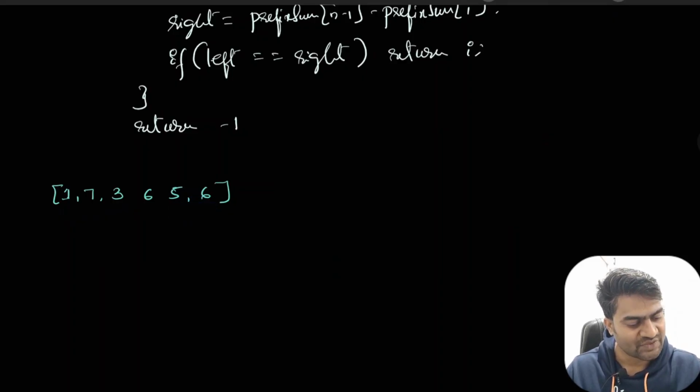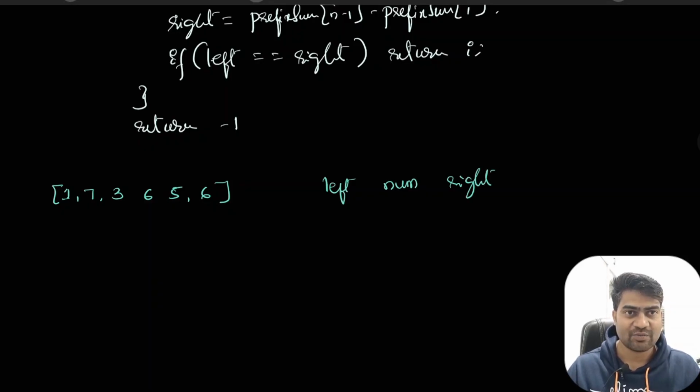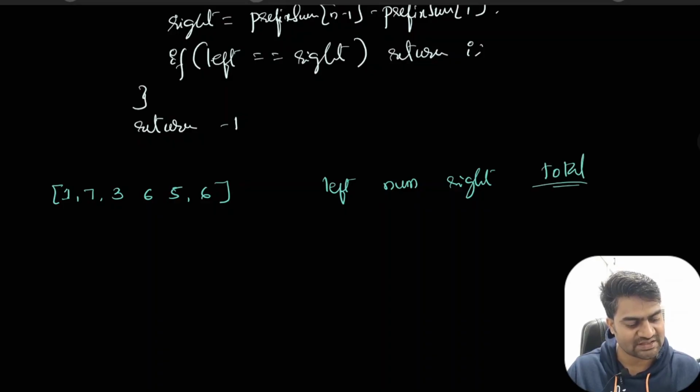If this is our left part, this is our number, this is our right part, and we know the total, the sum of all the numbers, then the total is left plus number plus right value.